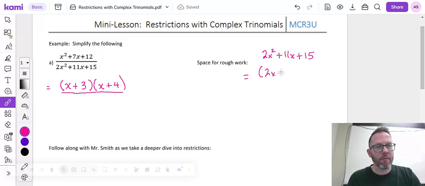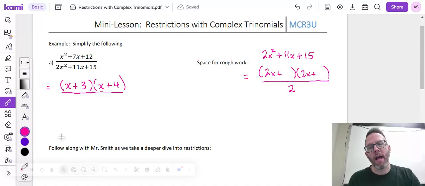So it's 2x, 2x, 2 on the bottom, and everything's positive. And what adds to 11 and multiplies to 2 times 15, which is 30? Those two numbers are 5 and 6.